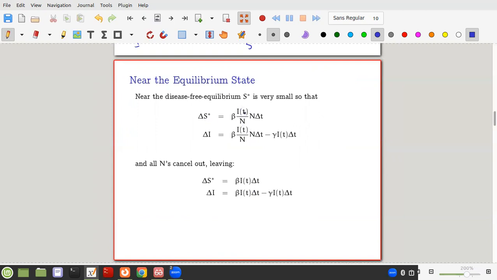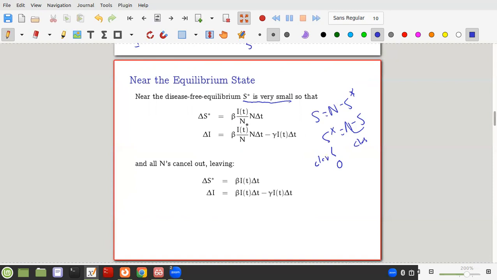But then these equations are near where S star is very small, okay? So as a result, because you had S equals N minus S star, or S star equals N minus S, and if S is very close to N, S star is close to zero.